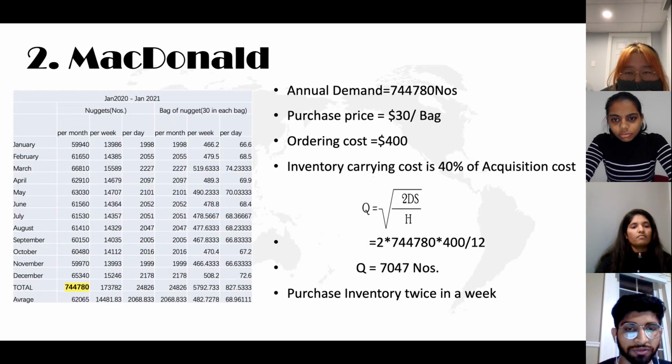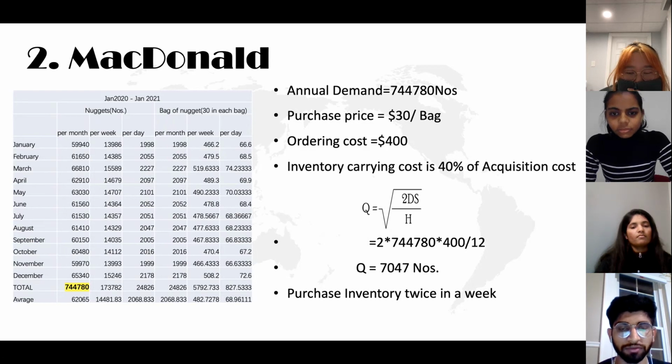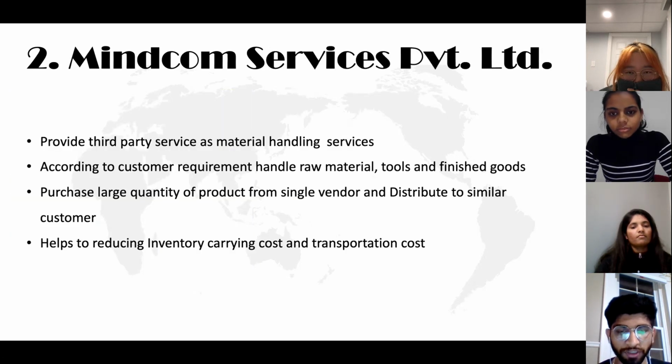According to that, they calculate the economic order quantity and get 7,047 per year. For that they have to purchase twice a week, so they use the EOQ and order the chicken nuggets twice.